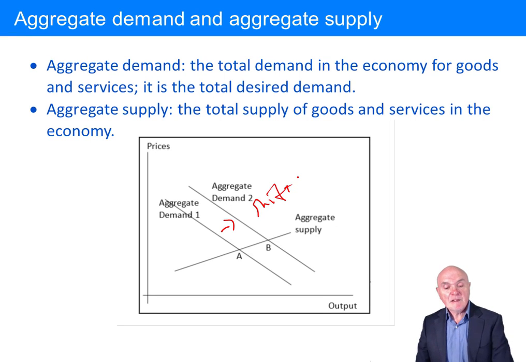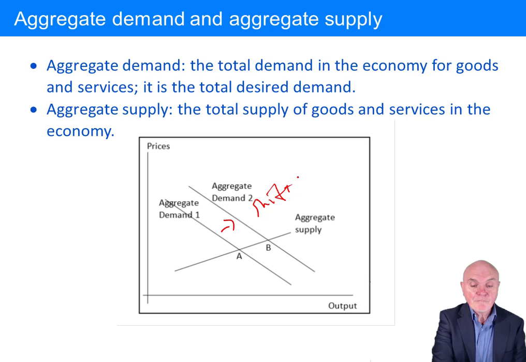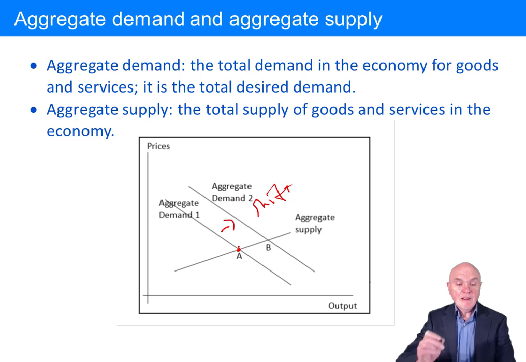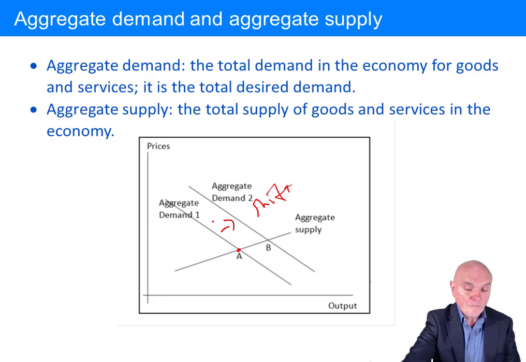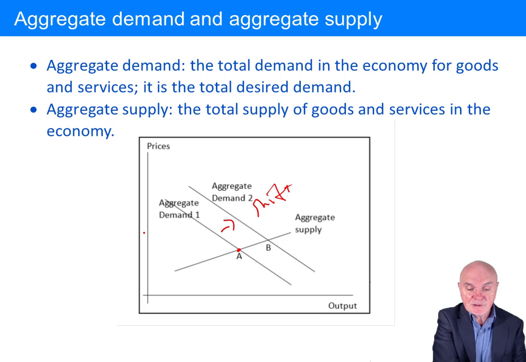What this means is that at a specific price, more goods are demanded. So let's say that this is the price at which goods were demanded for these people here. So let me just draw along here.